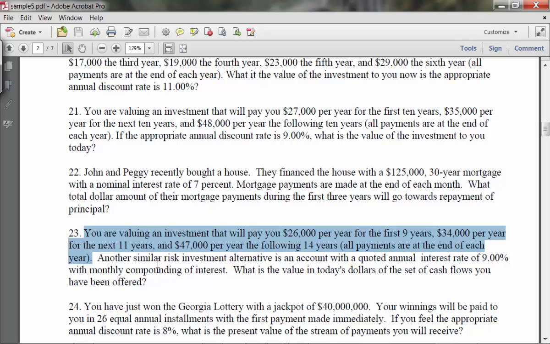They tell us that another similar risk investment alternative has a 9% quoted annual interest rate, but interest compounds monthly on that one. This is a little ambiguous.